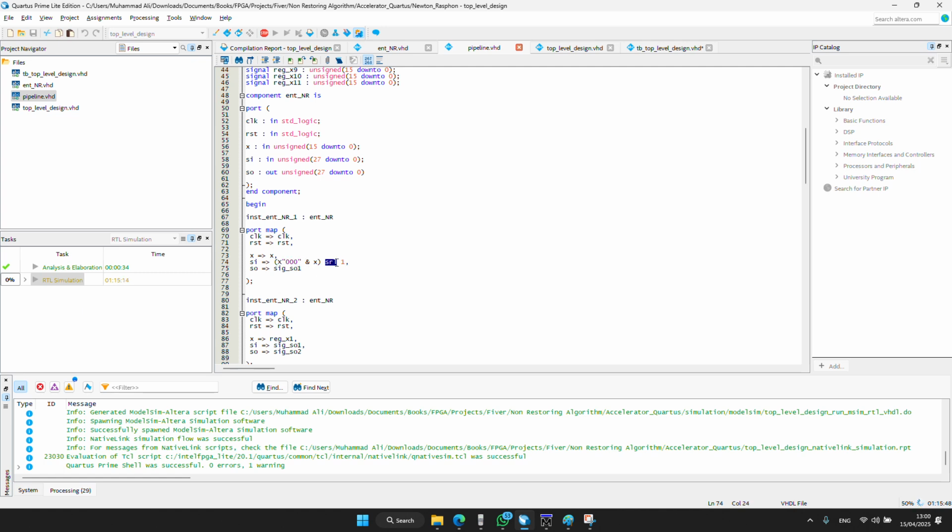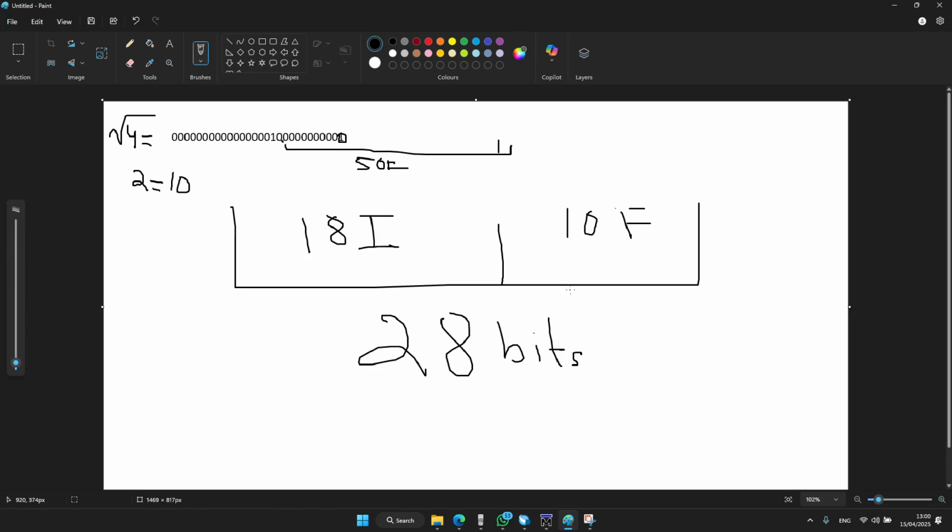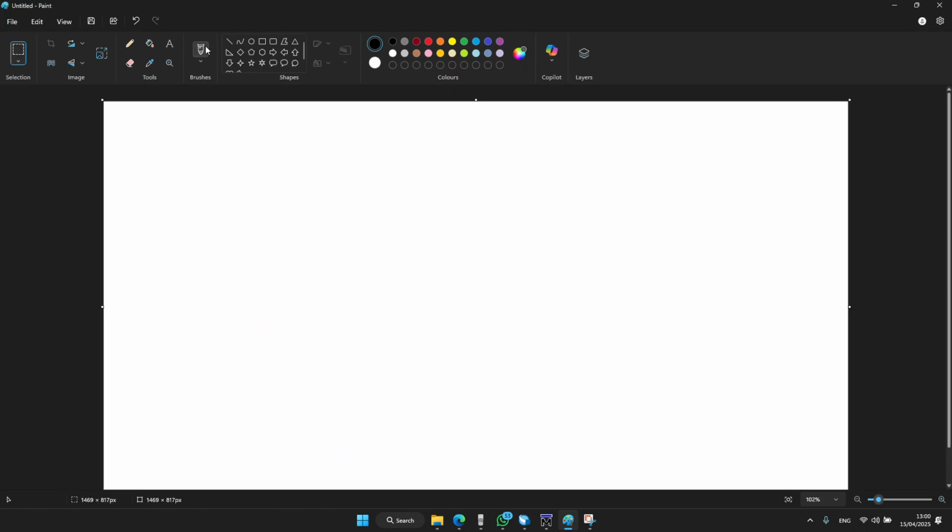And what is SRL? SRL is a shift right logical operator. What it is doing is shifting the bits to the right by 1, which essentially divides the answer by 2. For example, let's take a more complicated value.